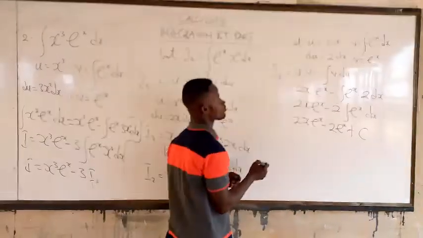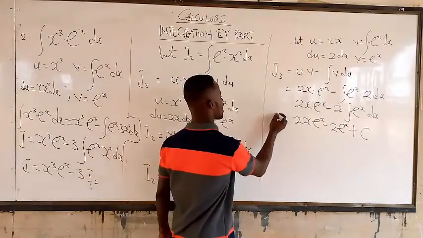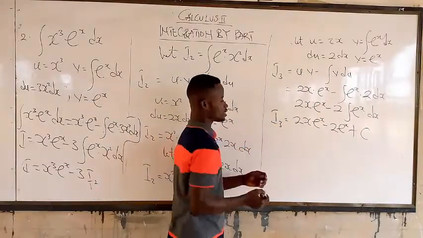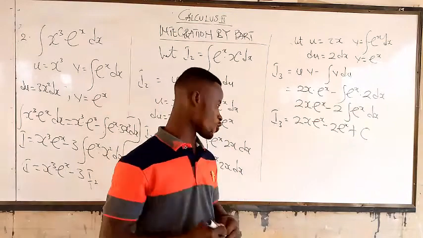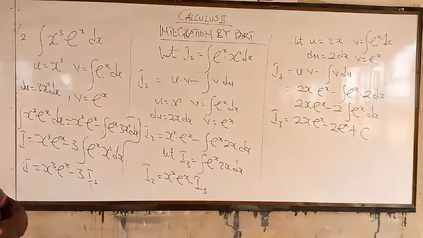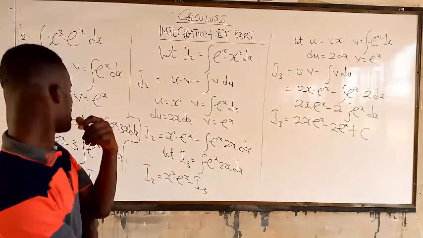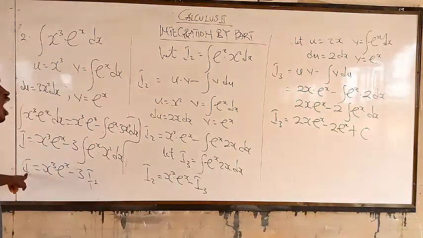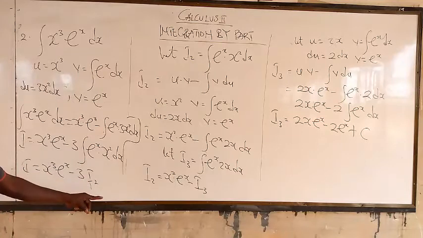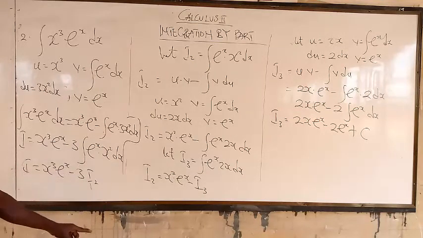But don't forget that I3 is equal to this. Remember that that is not our final answer, because we know that we are looking for I, not I1, not I2, and not I3.